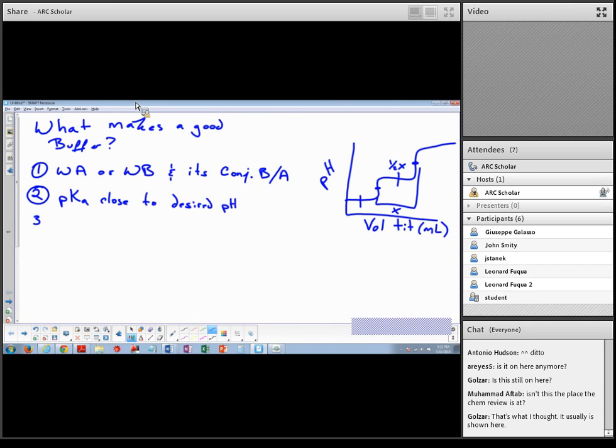We also need the ratio of the conjugate base over the acid. Where have we seen that ratio before? It's the Henderson-Hasselbalch equation, right? We want that as close to 1 as we can get. And remember, when it's equal to 1, what happens to pH? It doesn't equal 0. What does pH equal? The pKa. Right?